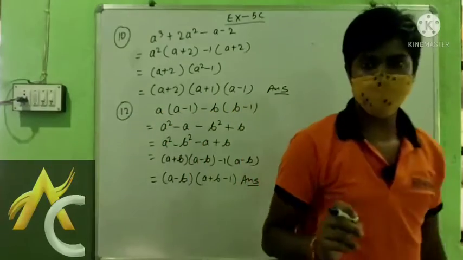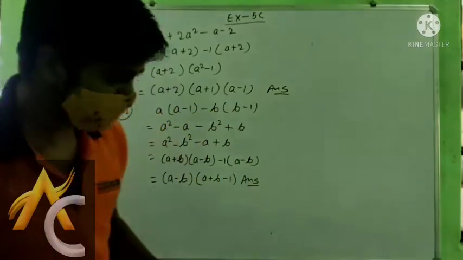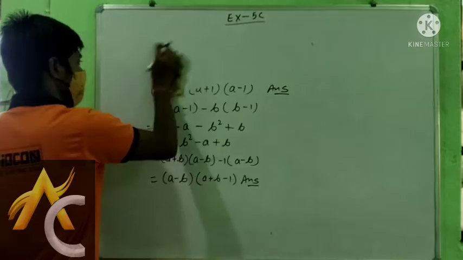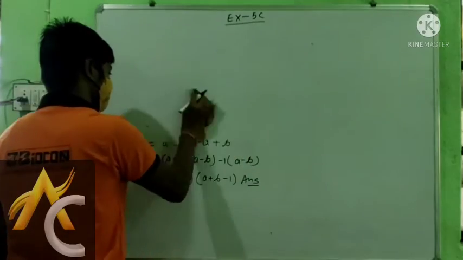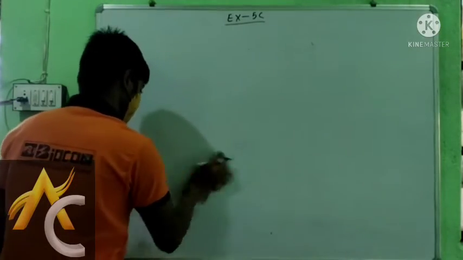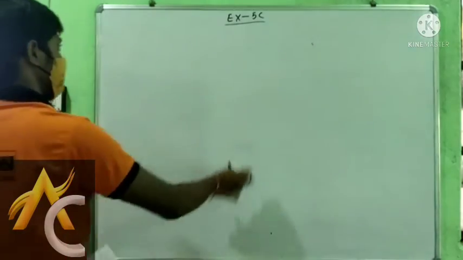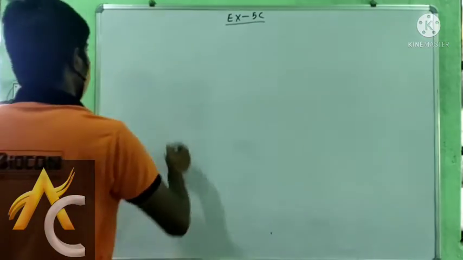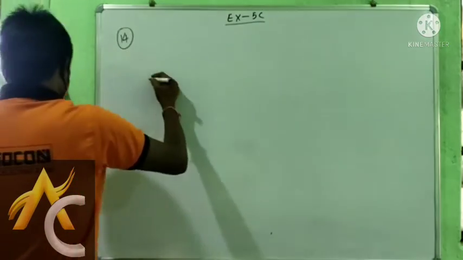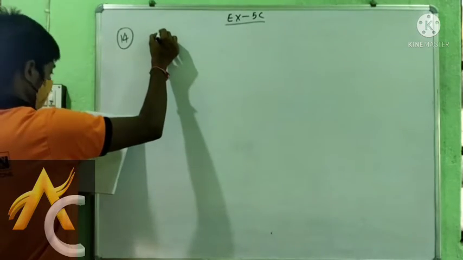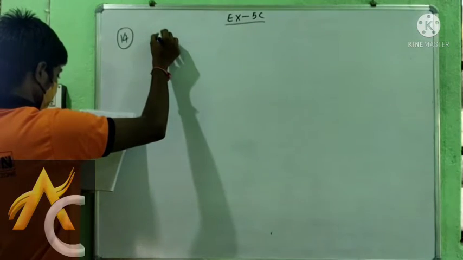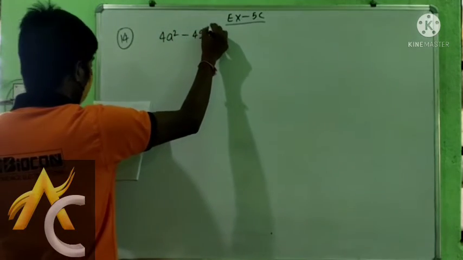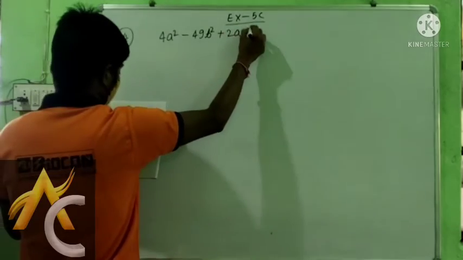Now we are going to solve question number 14. Question number 14 is 4a square minus 49b square plus 2a minus 7b.